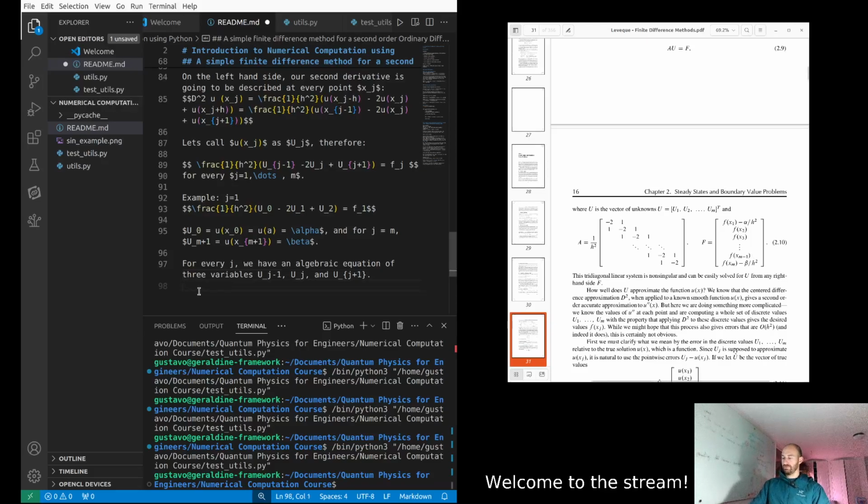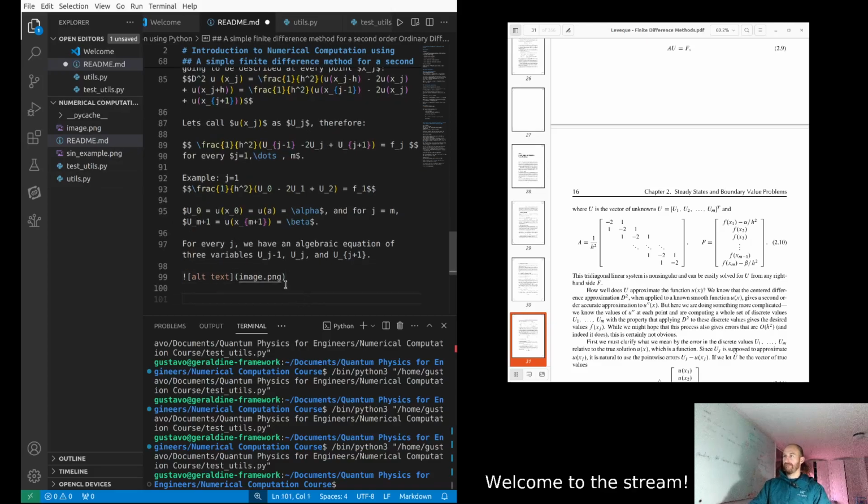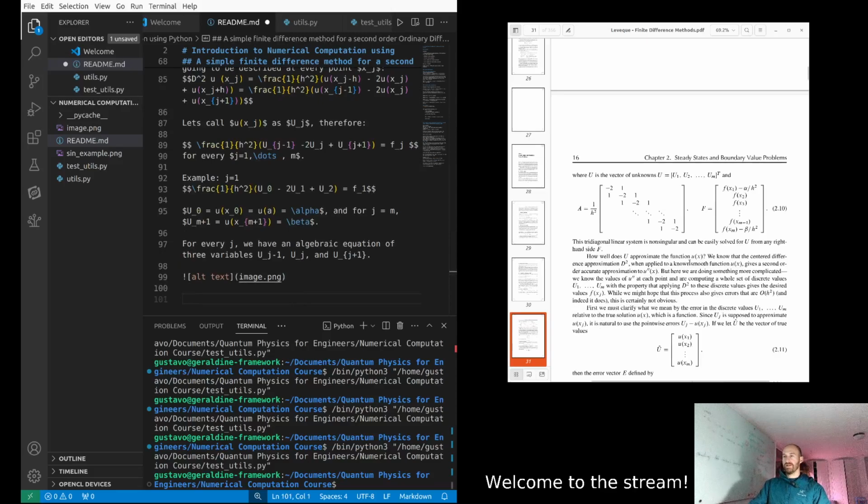I'm just going to put it here. Yeah, and we saved it. Very good. And then I'm going to explain a little bit vaguely how we solve this system.